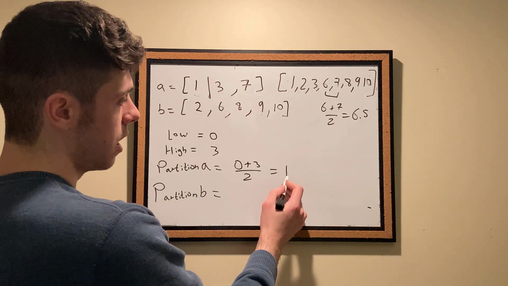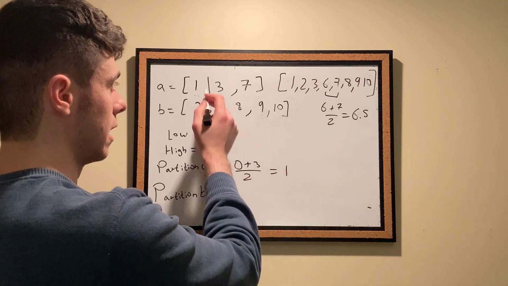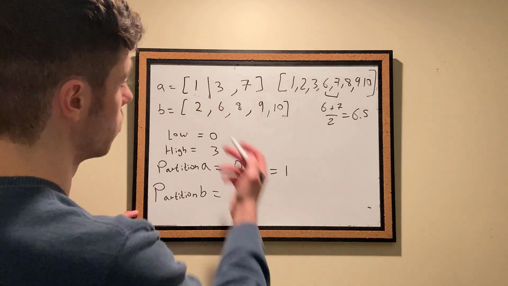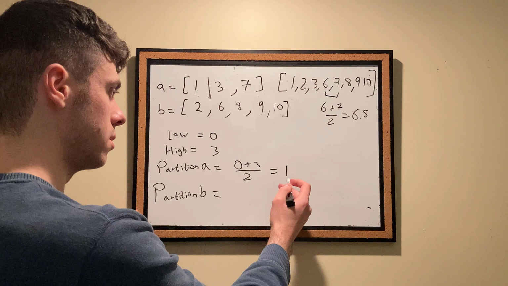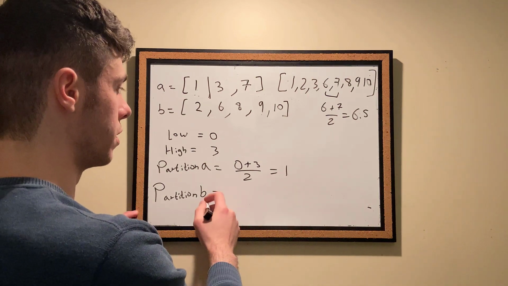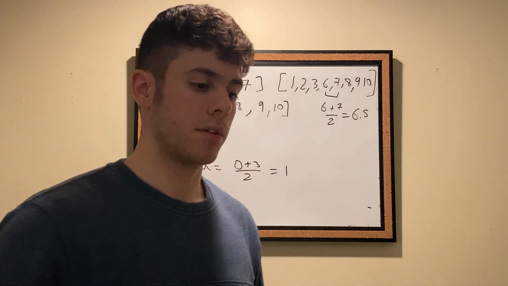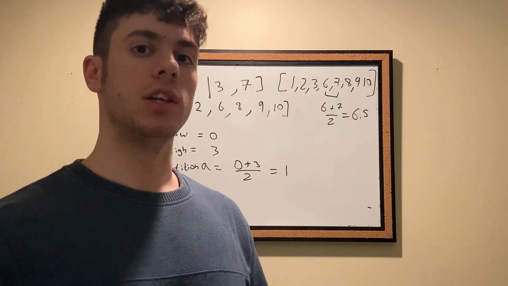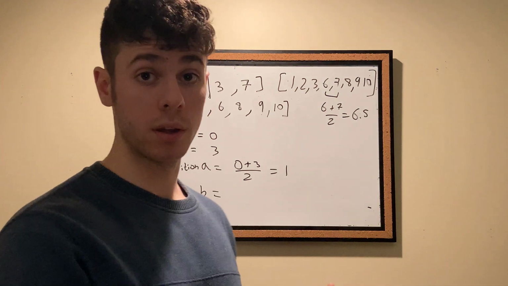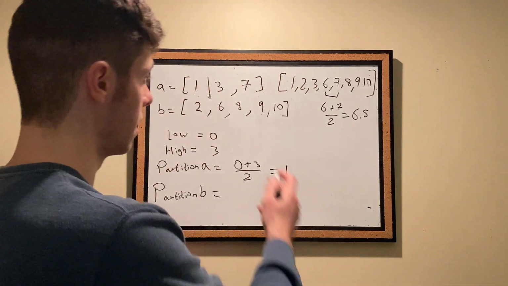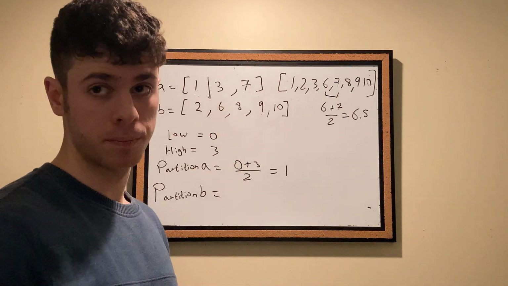What that means is there's going to be 1 element on the left half, which is 1. We're going to use this to figure out where we should partition B. Remember, we want to have equal elements on each half. So the left half should have 4, and the right half should have 4, because we have 8 elements in total, right?